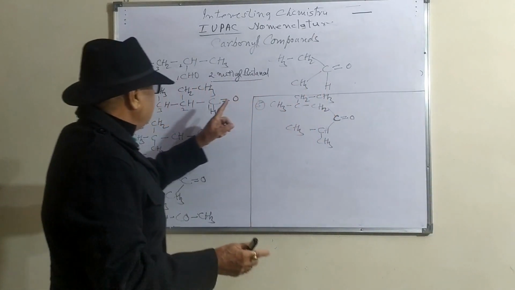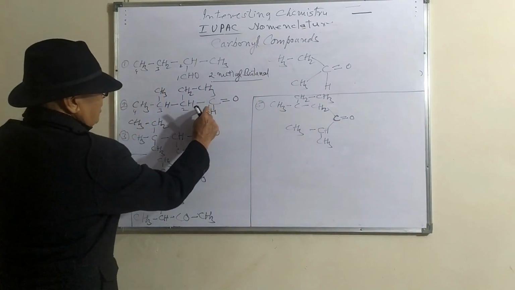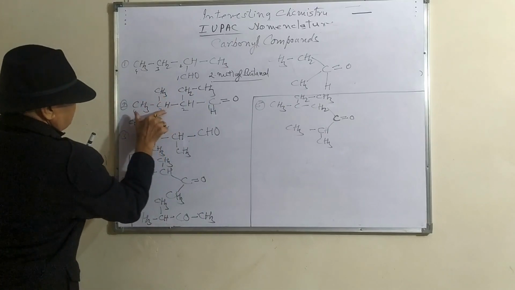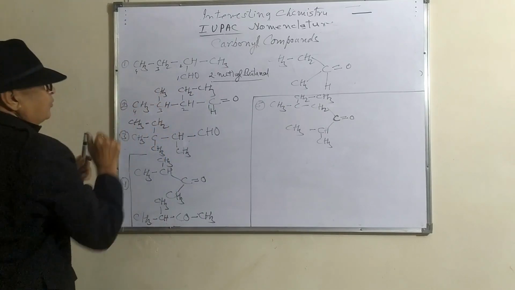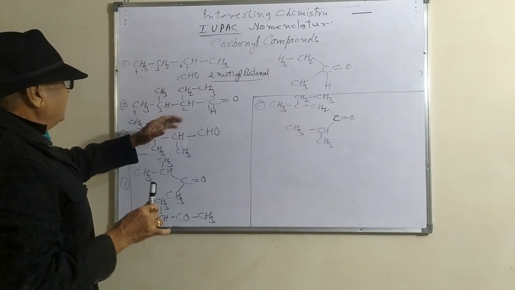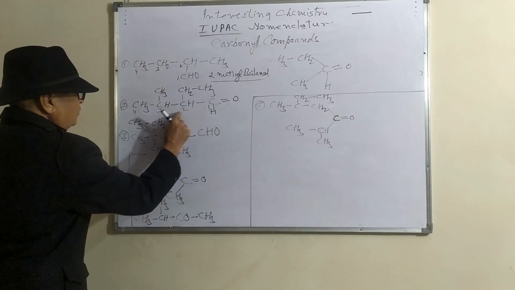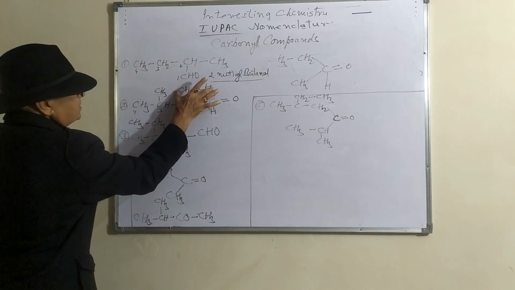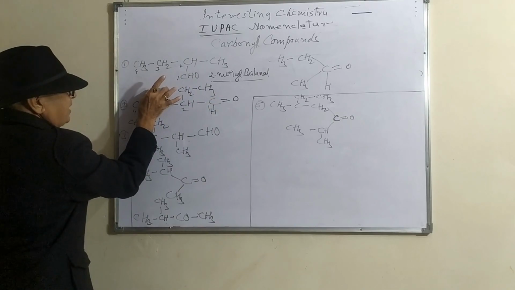So here in this way, when you select 1, 2, 3, 4, there will be only one substituent group, that is isopropyl. So here when you select 1, 2, 3, 4, there will be 2 substituent groups. One is ethyl and one is methyl.